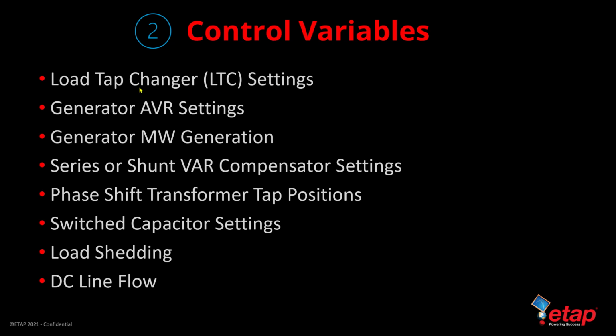Here we are essentially defining the variables that we are allowing the optimization program to control, such as load tap changer settings, the range of the load tap changer in other words, generator AVR settings, or the reactive power that can be optimized or dispatched from this generator, the generator megawatt, which is again the megawatt dispatch from this particular unit or multiple units, the series or shunt VAR compensator settings such as cap banks, phase shift transformer tap positions, switch capacitor settings, load shedding values, as well as DC line flows.